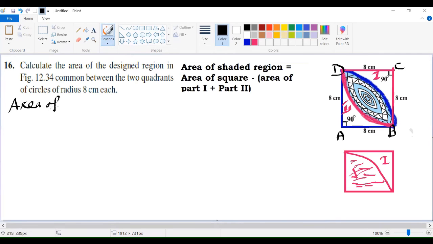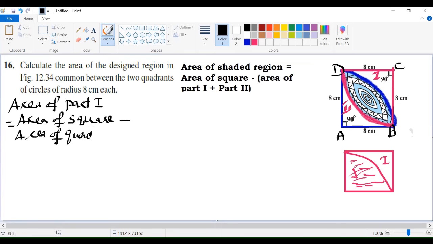Area of part 1 equal to area of square minus area of quadrant. Which quadrant?